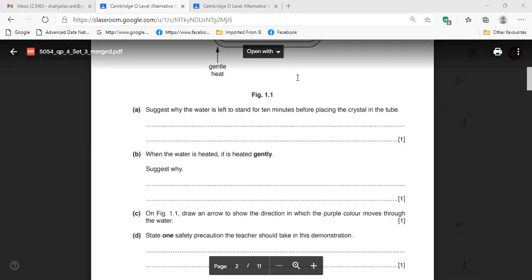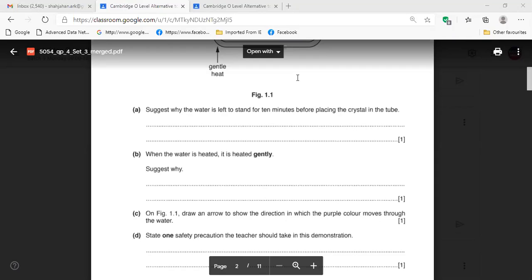What you said, Ifaz, is correct, and what Abir said is also correct. The main thing is to observe the convection process carefully. We need to heat it gently. Other related ideas we can also accept, like if we give too much heat, the color would spread throughout too quickly.